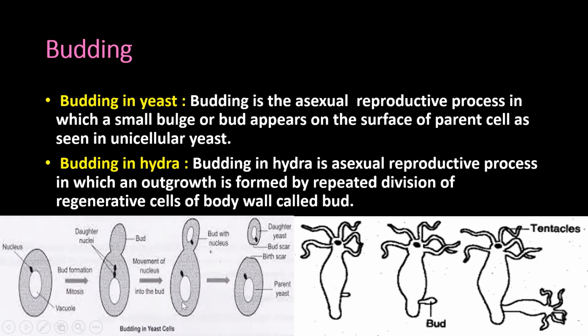One daughter nucleus stays here, and one daughter nucleus goes into the bud of the formed cell. So now this becomes a bud with a nucleus. This gets separated, where this is the parent yeast and this is the daughter yeast.